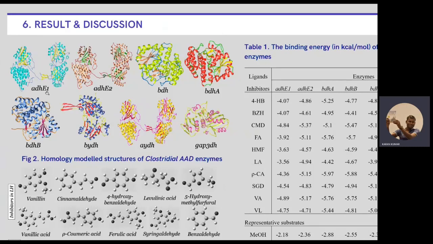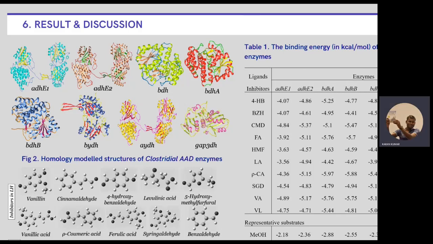Figure 2 represents the homology model structures of the 8 Clostridial AAD enzymes that were selected for this study. These enzymes can be classified into three categories. First one is bifunctional enzymes, which are both alcohol and aldehyde specific.